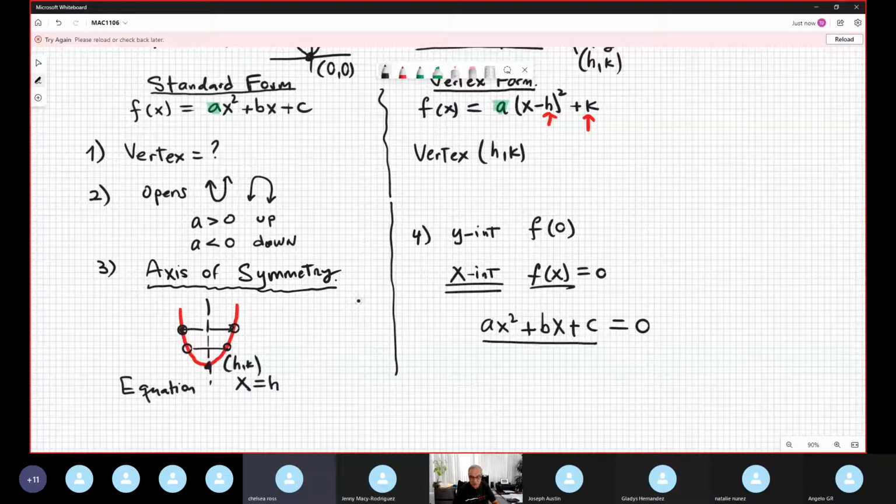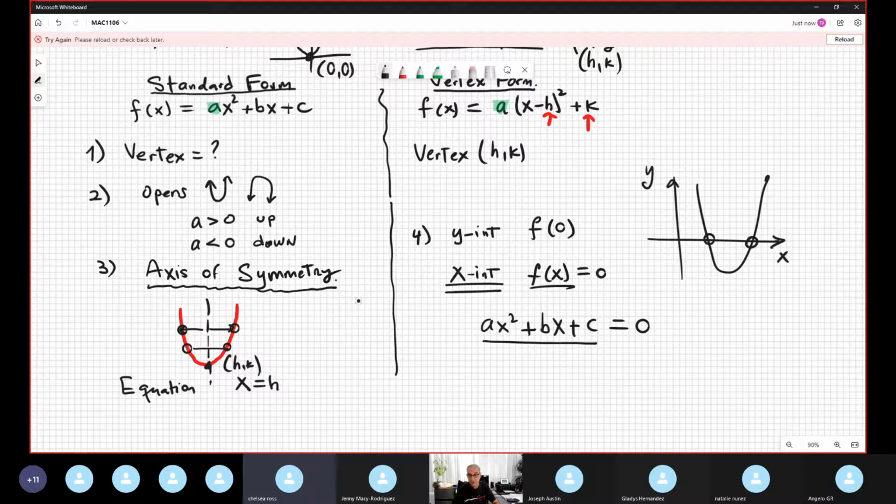Look, you force it to be 0, and this is the important point, suppose the parabola is like that, in which the parabola crosses the x-axis. This is the x-intercept, and the y-intercept, no. The y-intercept is where the parabola may be here, crossing the y-axis. Okay?